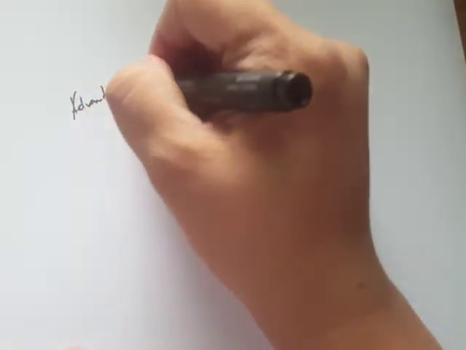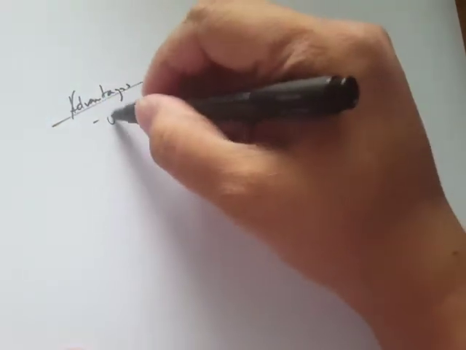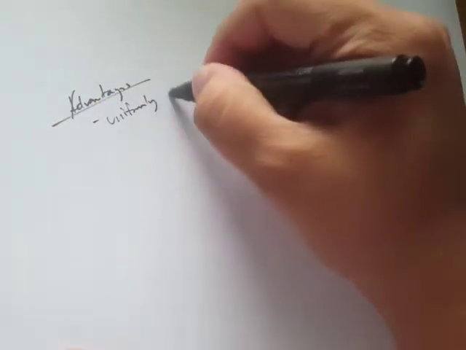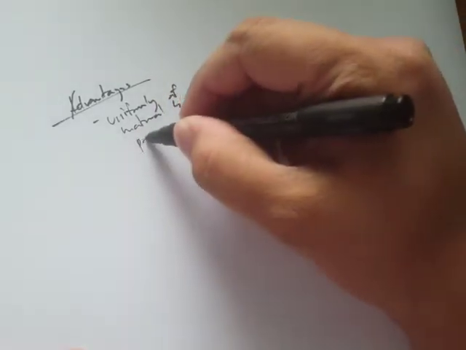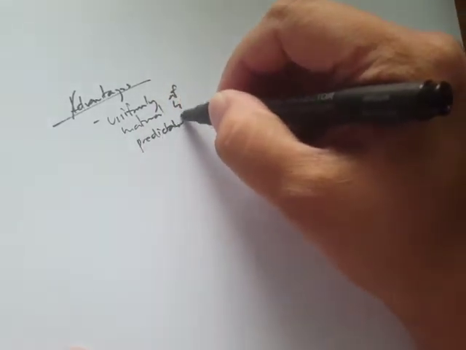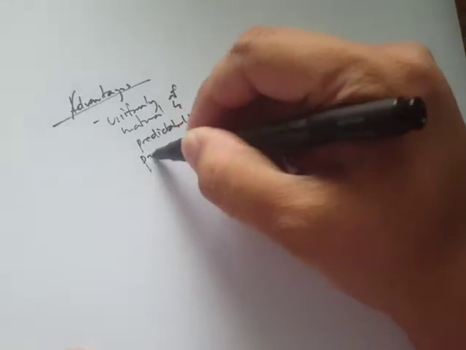Now let's talk about the advantages of steel structures. One of the advantages is its uniformity of material. Okay, so let me write it here. Advantages. So you have a uniformity of material and predictability of properties.